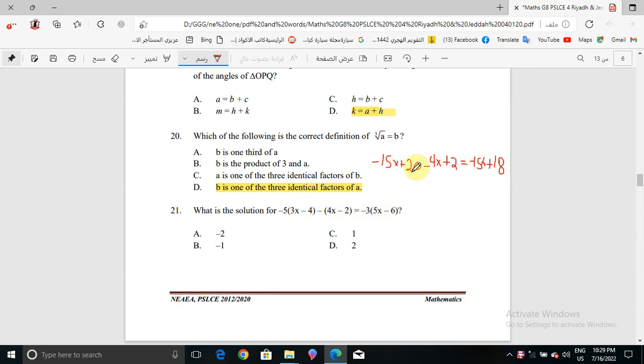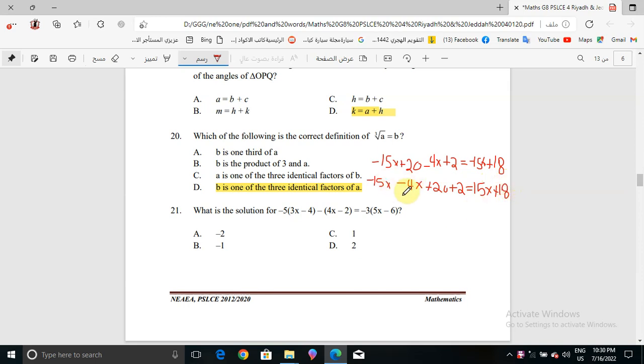Now we will collect the like terms together. That means negative 15x minus 4x, then positive 20 and positive 2, which is equal to negative 15x plus 18.